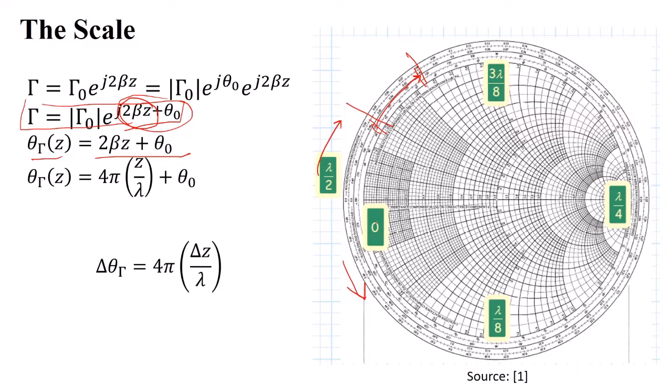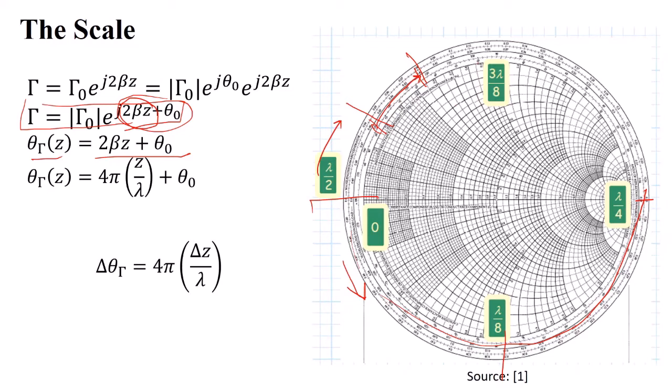So here it is 0, then you move by lambda by 8, then the phase will be changed by 90 degrees. Similarly, if you move from here to here, this angle is 180 degree, and the lambda is changed by lambda by 4, and so on.